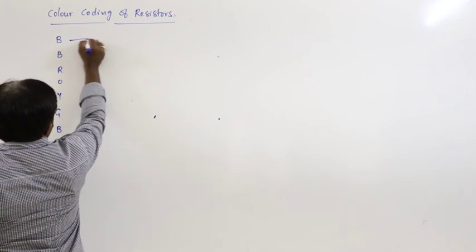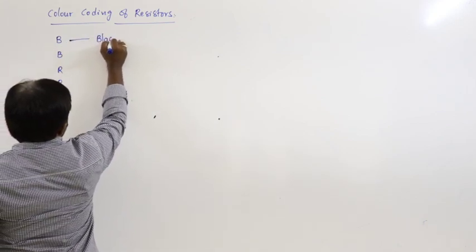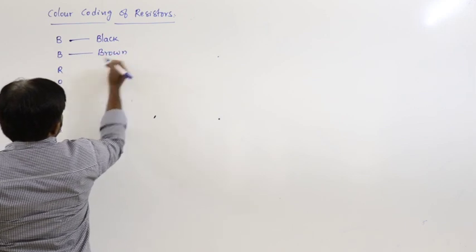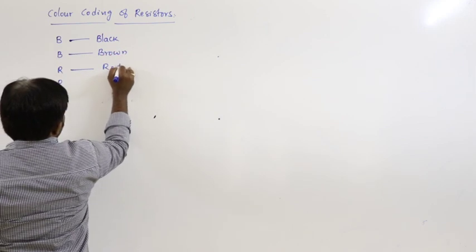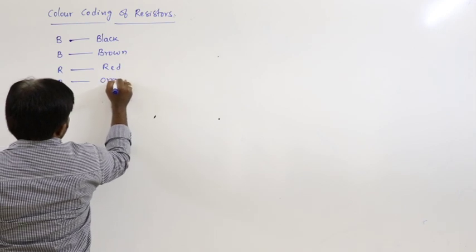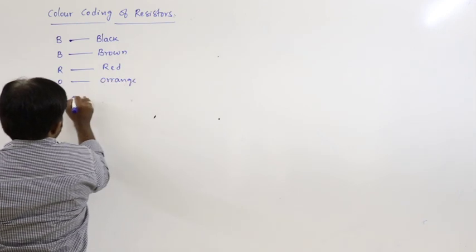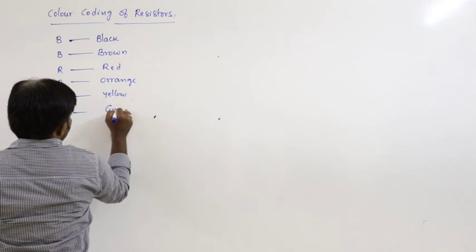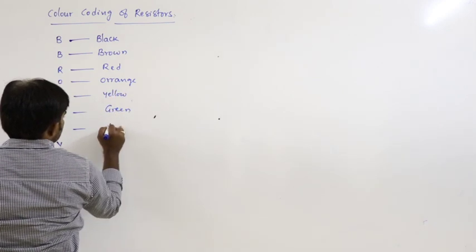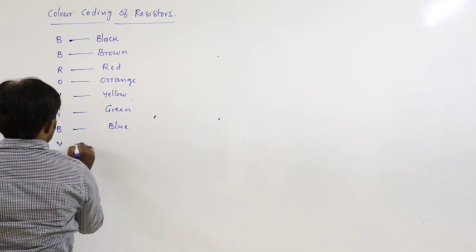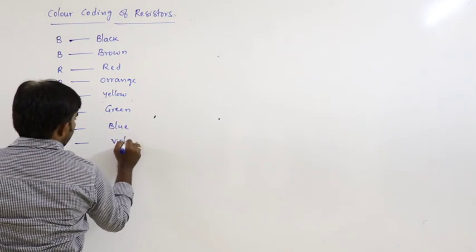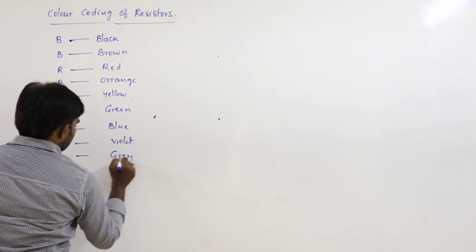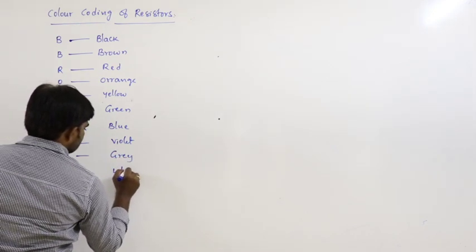So here, the first B means the color is black, next brown, red, orange, yellow, green, blue, violet, gray and white.